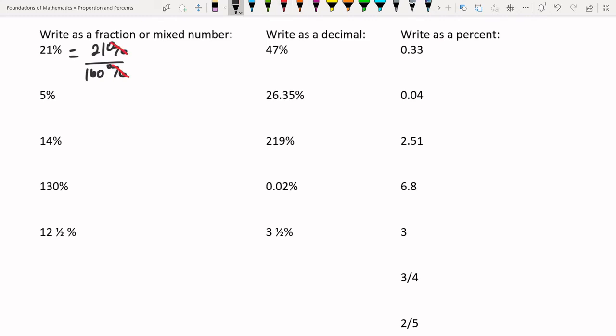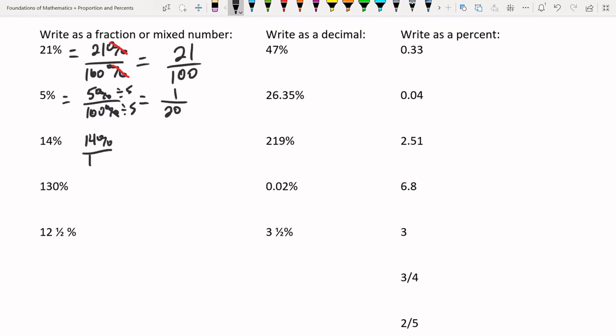Now we always have to reduce this fraction, but this cannot be reduced at all. So this is quite simply 21 over 100. 5%, we can do the exact same way. 5% out of 100%, those cancel, and we can divide top and bottom by 5, giving us 1 out of 20. 5% is the same thing as 1 out of 20.